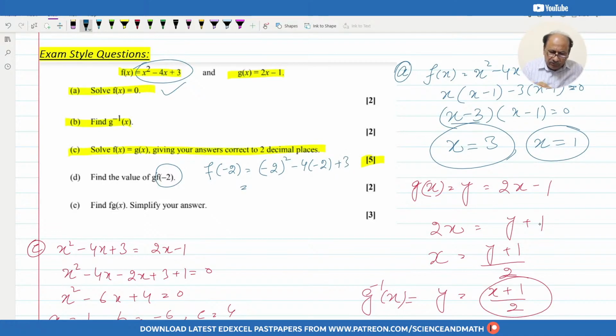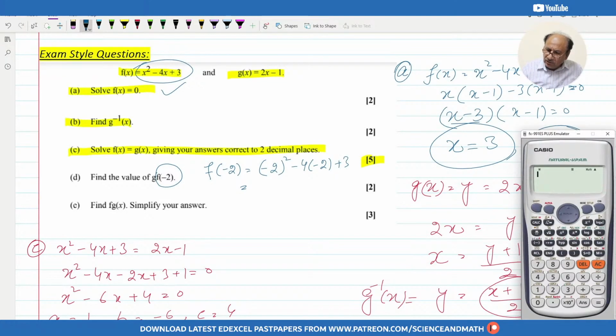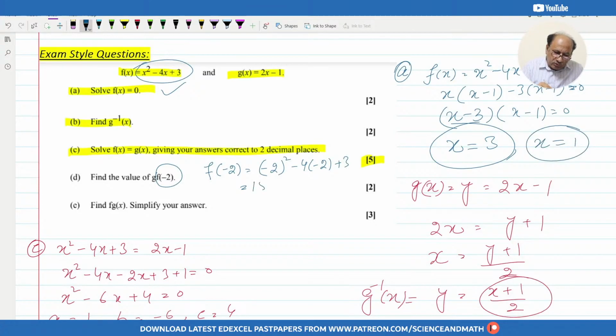You can type this in the calculator and find the value: -2 squared, minus 4 into -2 bracket close, plus 3, and this is equal to 15. So we got the f of -2 value as 15.